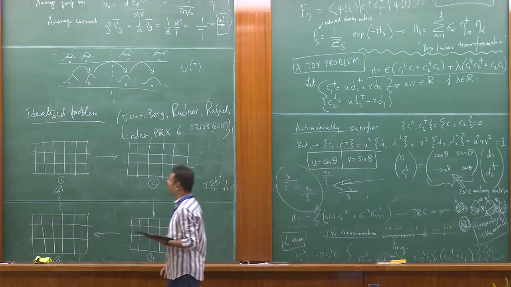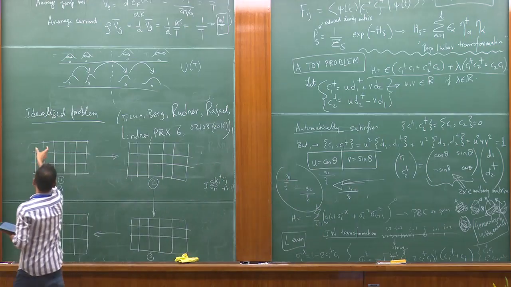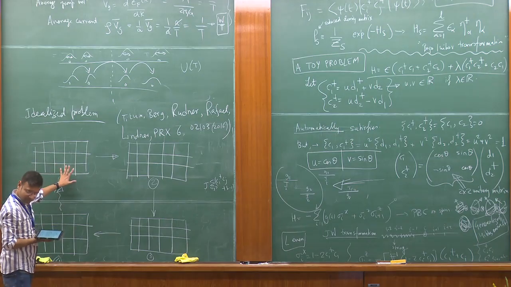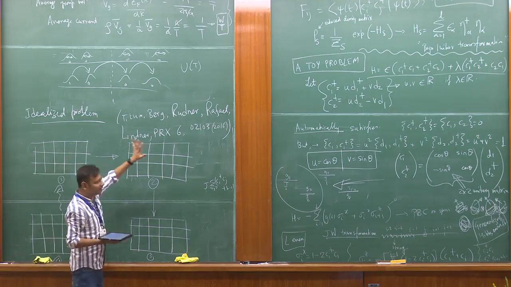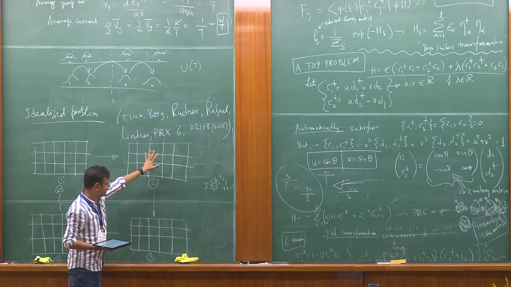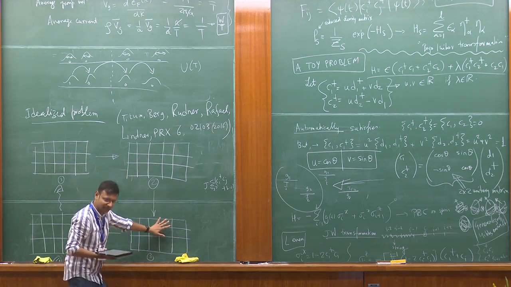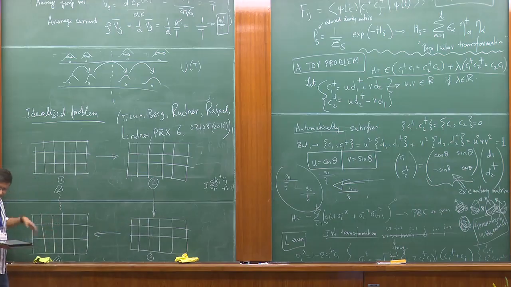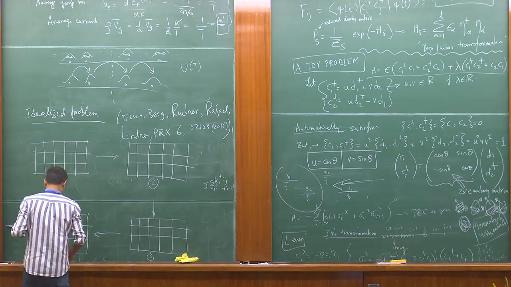But these hoppings are turned on only for a subset of bonds during time capital T by 4, only for another subset of bonds during the rest of the time capital T by 4, a third subset of bonds during the next T by 4, and the fourth subset of bonds during the remaining T by 4. And it keeps repeating. Of course, if you add up the subsets, it covers all the bonds, but the subsets are different. So what are the subsets?